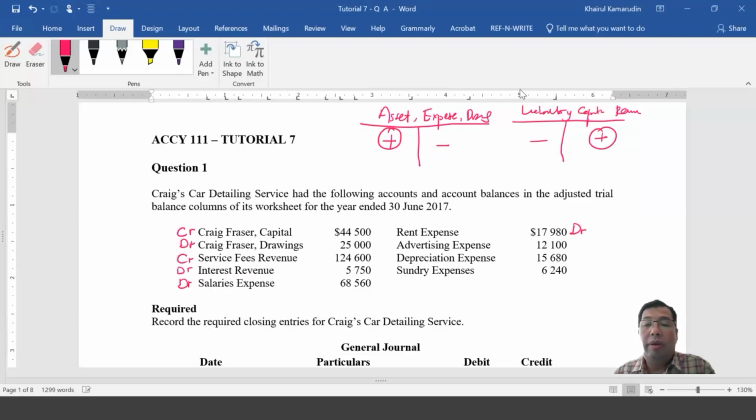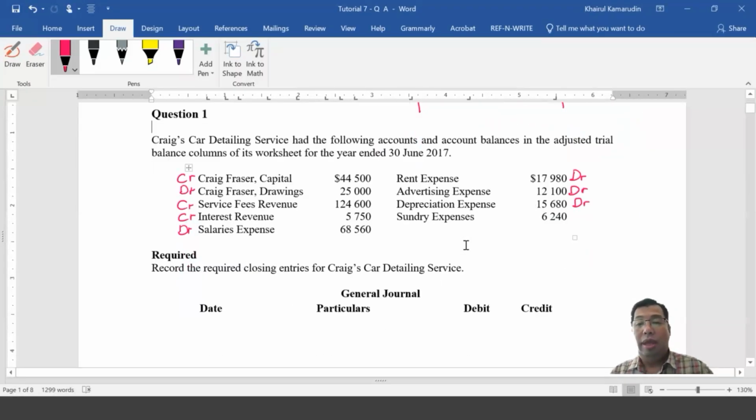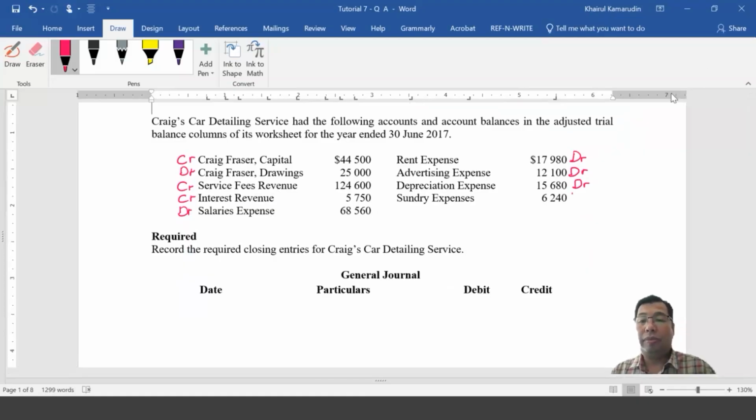Professor, interest revenue will be credit. Oh sorry, interest revenue is credit. I thought interest expense. This is revenue, credit. Advertising expense, debit. Depreciation expense, debit. And sundry expense, also debit. So this is the first step.